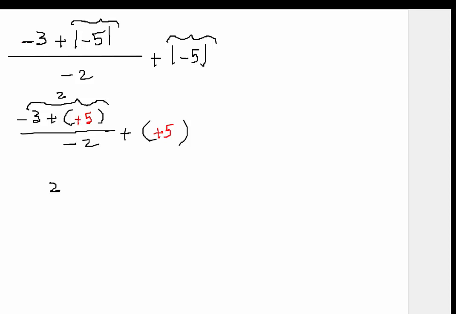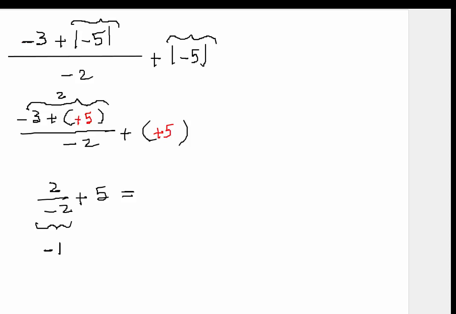So it would be 2 over minus 2 plus 5. So 2 over minus 2. What is 2 over minus 2, Casey? Well, not quite 1. We have plus 2 over minus 2. Okay, as Tin says, minus 1. Very good.